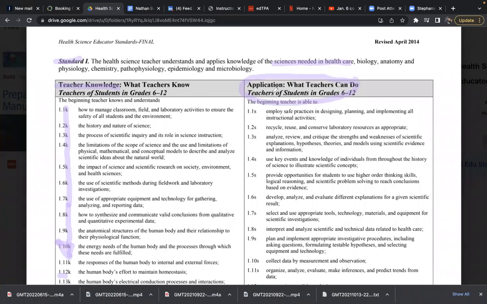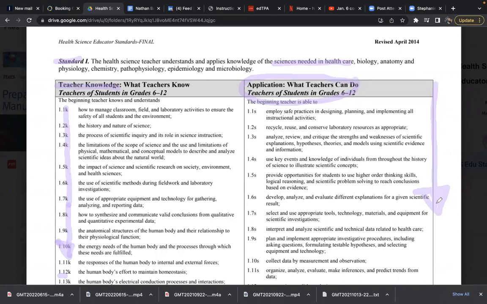Every correct answer choice on the exam will be a health science 6 to 12 teacher doing something from this side of the pages, from all of the pages. But for our purposes, we're going to do a very deep dive into standard 1.